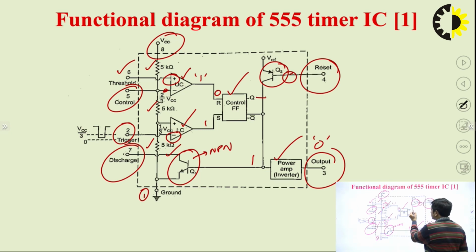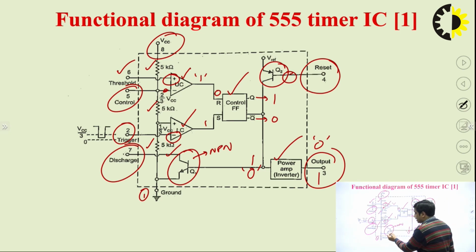In this case, Q will be 1 and Q bar will be 0. If Q bar is 0, then 0 will reach the input of the power amplifier and the output will be 1. Similarly, when the flip-flop is reset, S will be 0 and R will be 1. In that case, Q bar will be 1 and output will be 0.